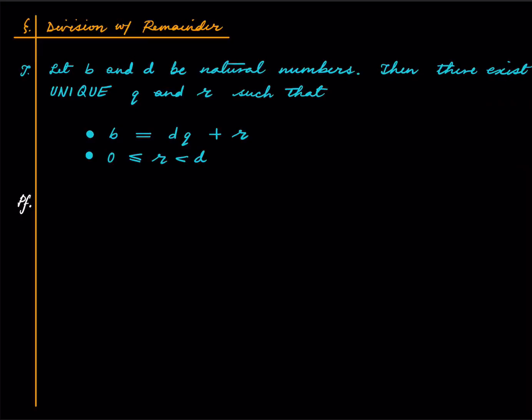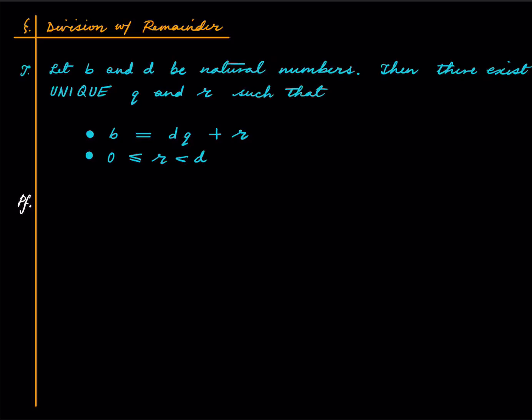Okay, and now I want to get to the main theorem of this lecture. This is called division with remainder or division algorithm or something, but I will just call it division with remainder. So we have two natural numbers.